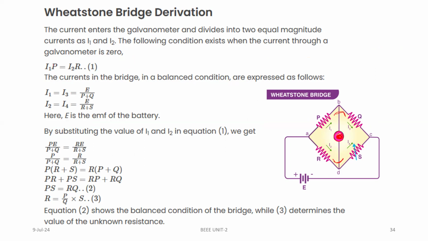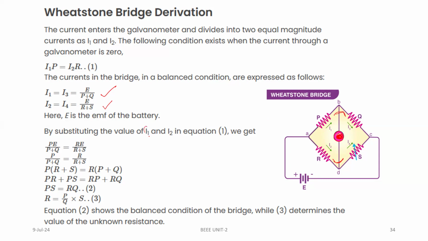I1P is equal to I2R potential. I1 is equal to I3, which is voltage divided by the two resistors connected in series, P plus Q. Same, I2 and I4 are equal when the bridge is balanced: E divided by R plus S. Here E is the EMF of the battery.